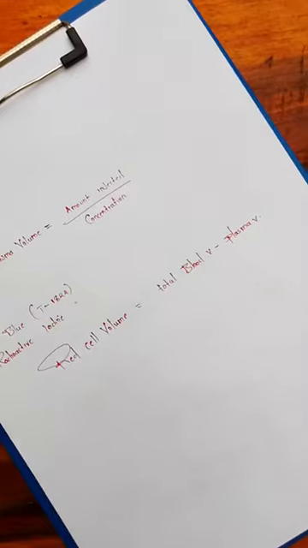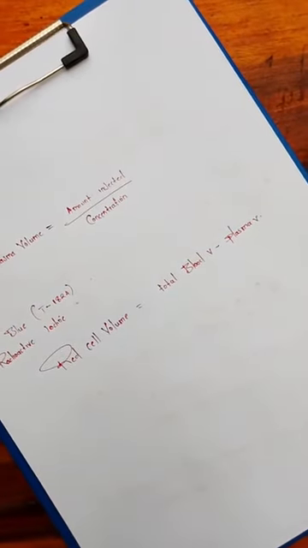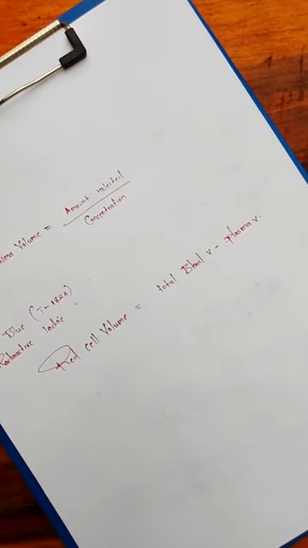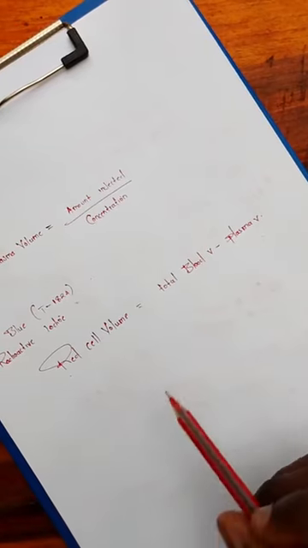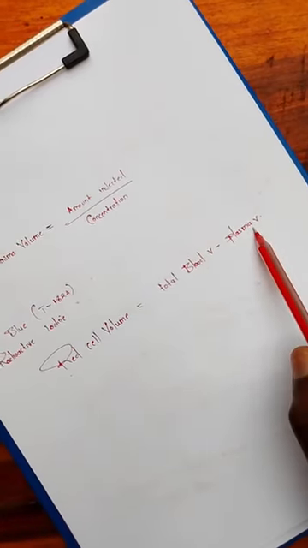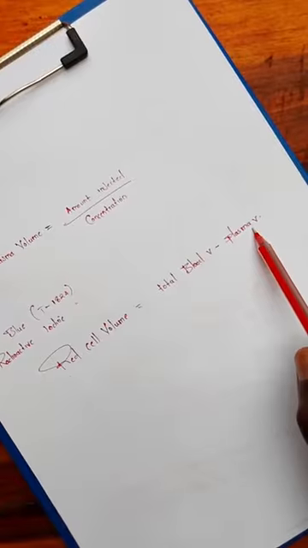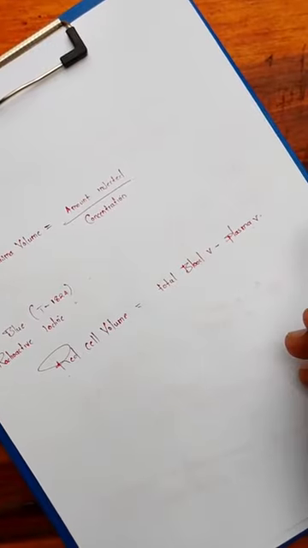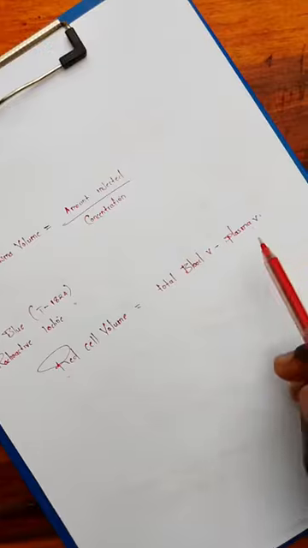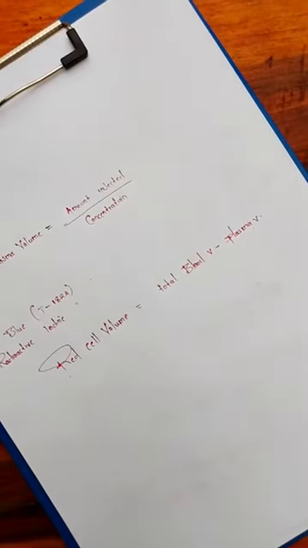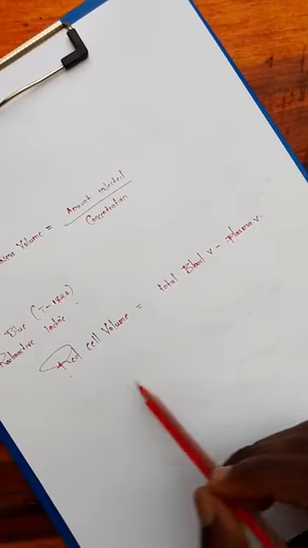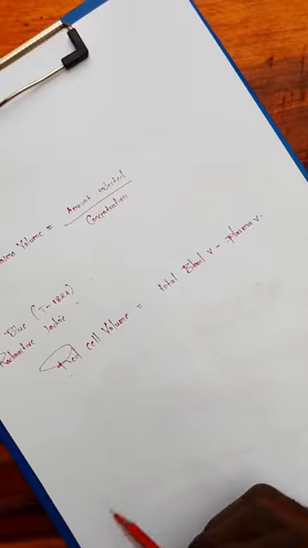The reason is that plasma is the fluid where these red blood cells are found. Apart from red blood cells we also have other cells, but the cells of interest here are just the red cell volume.